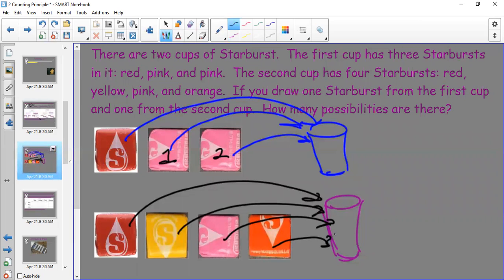And what we're doing is we're going to choose a starburst from each cup, and we're going to record all the different possibilities. Now, if I drew this pink versus this pink, that is technically a different option. Some people say, but that's the same option, but it's different starbursts. So we want to make sure we list all the possibilities.